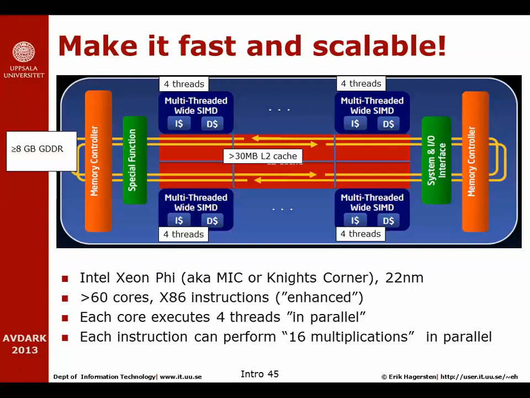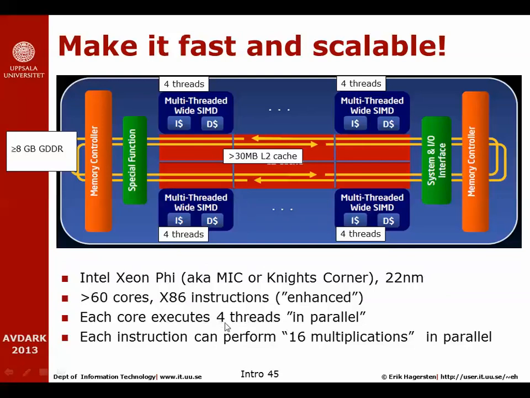Finally, we have to make it fast. So all these things have to work very fast. And here's an example of a chip we're going to talk about in the tail end of the course. It's a chip that was released last year by Intel called Xeon Phi. Here we have more than 60 of these CPUs, or as they are referred to here, cores, each of them executing x86 instructions.